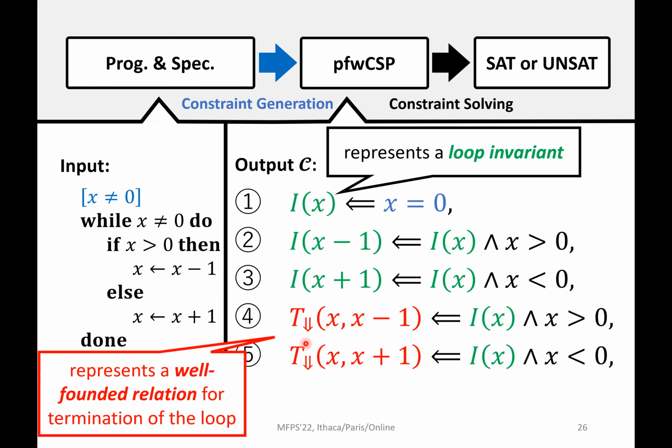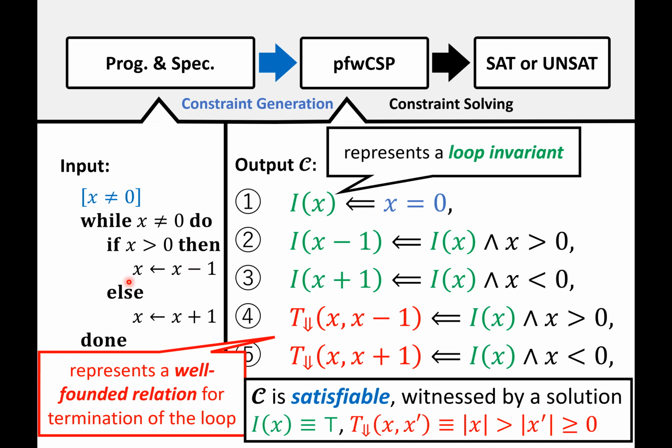So we have these constraints, and T down arrow, because T down arrow represents a well-founded relation. If this set of constraints has a solution, then we can conclude that the loop is terminating. And indeed, the set of constraints is satisfiable.